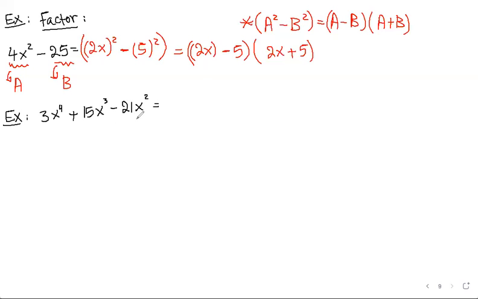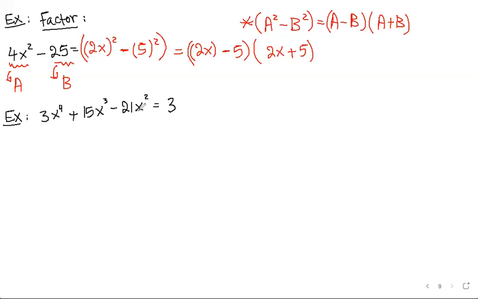So we're looking for the greatest common factor for the numbers. What's the greatest common factor for the numbers 3, 15, 21? The numbers only. Is it 3? Why? 3, 15, 21. Number 3 is the greatest common factor.